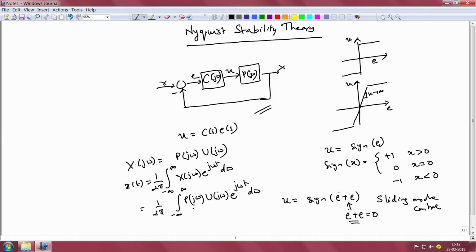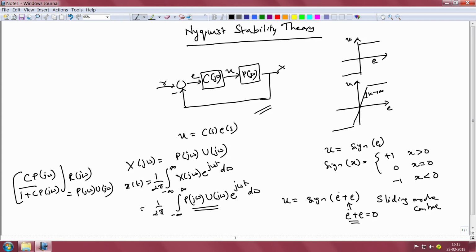Now, I can represent this term P of j omega times U of j omega in terms of the reference R and the plant transfer function P as C times P by 1 plus C times P of j omega times R of j omega. This would be equal to P of j omega times U of j omega.